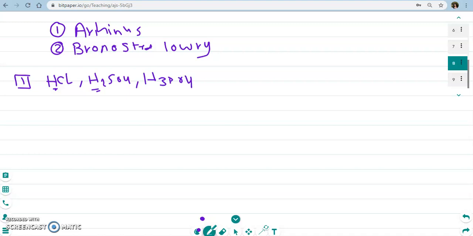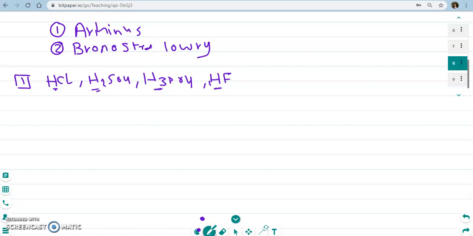H3PO4 has three hydrogens. HF, one hydrogen. All of these are examples of an acid, and they are acids because they have hydrogen. They can donate this hydrogen, and this is according to Arrhenius theory.